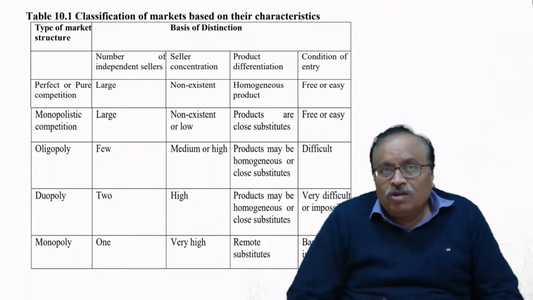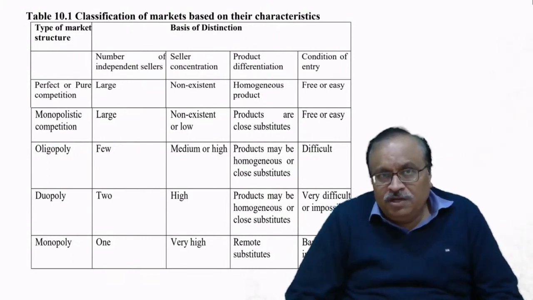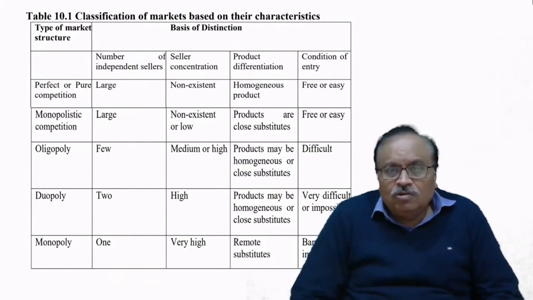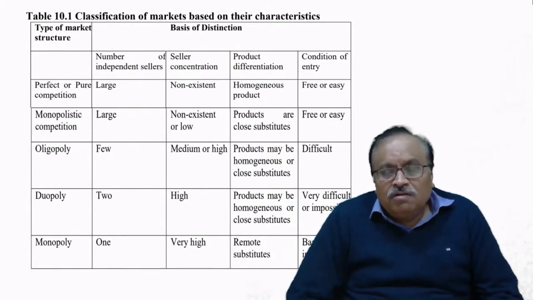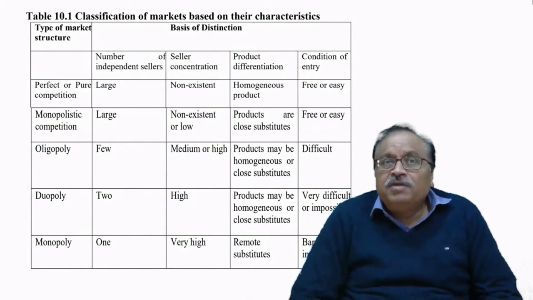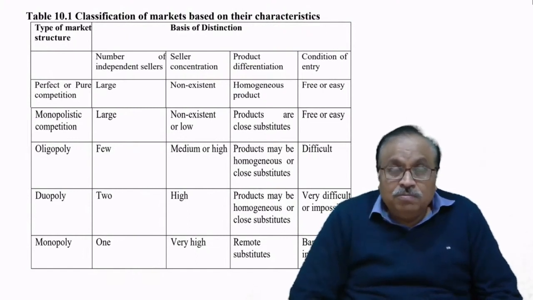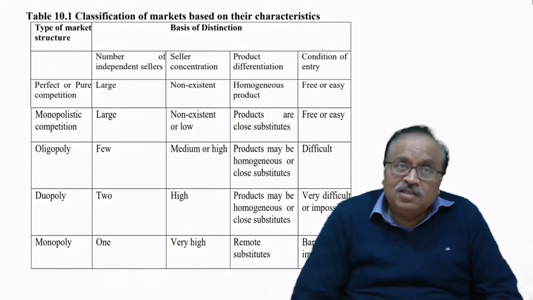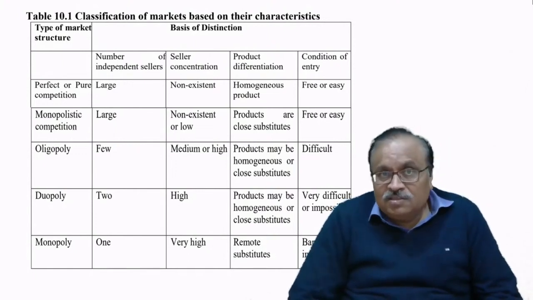For railway, we have just one organization, Indian Railways, which allows the railway to function. The ticket pricing or the wagon pricing of railway is determined by the railway only. There is no other body which determines it. Because of being in monopoly, the prices are determined by whom? The firm. In this case, it is railway.